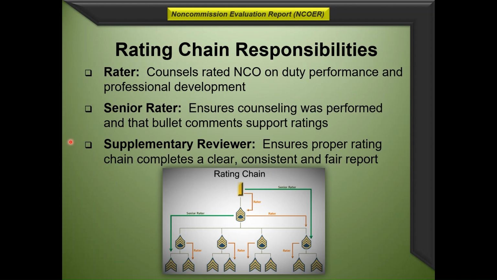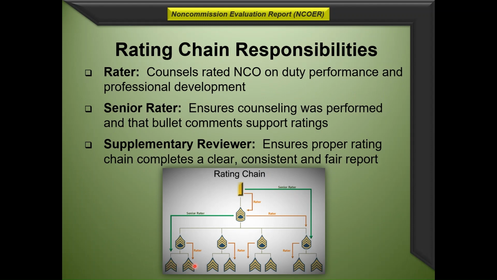Then you have the senior rater, which is two positions above the person who is actually getting their performance evaluated. And then you have a supplemental reviewer. They are making sure that the report is clear, it's fair, it's done correctly.